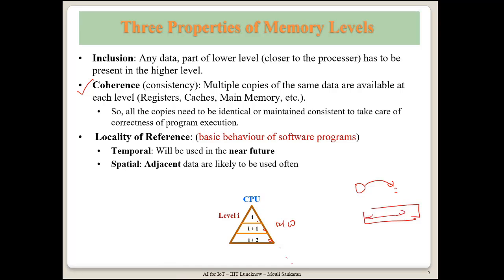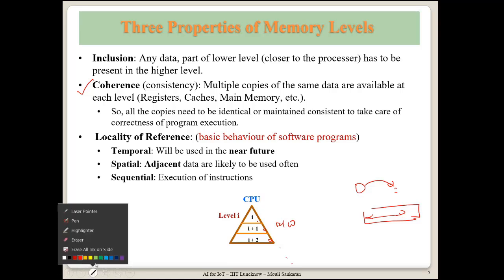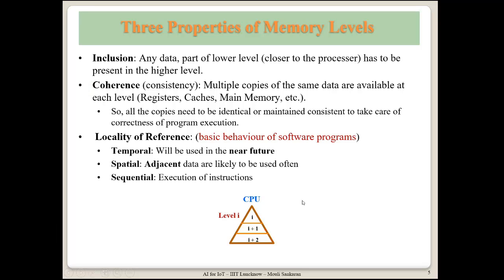I hope this is clear to you. Sequential execution of instructions is also a locality of reference. Remember these three properties: why memory levels work, and what properties need to be taken care of. This is a very important computer science philosophy which all of you should be aware of.